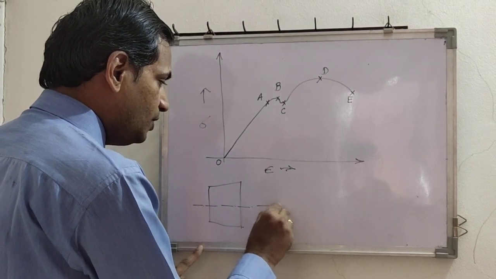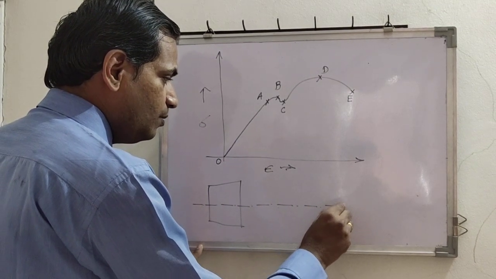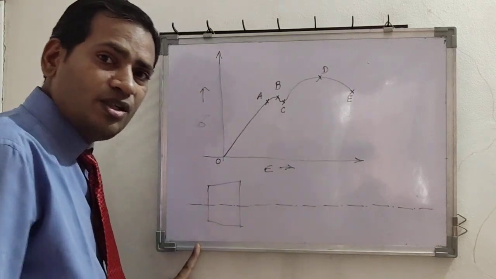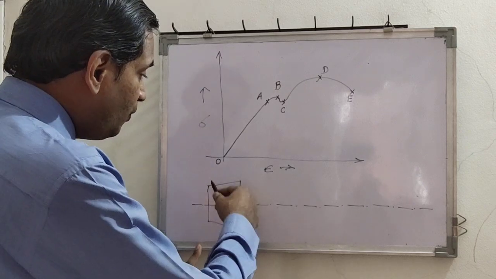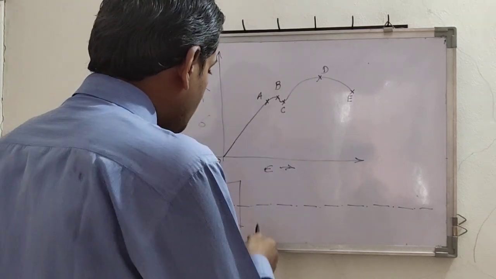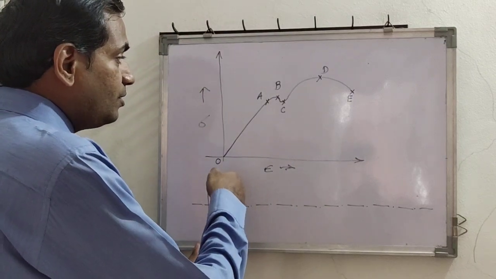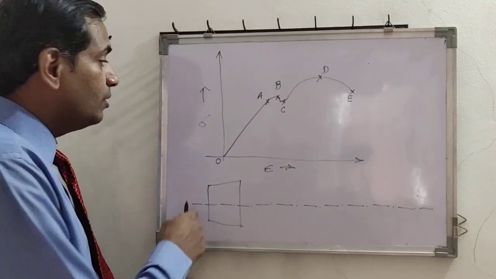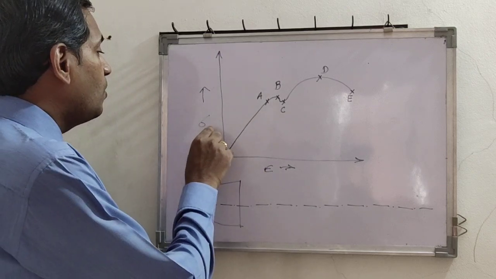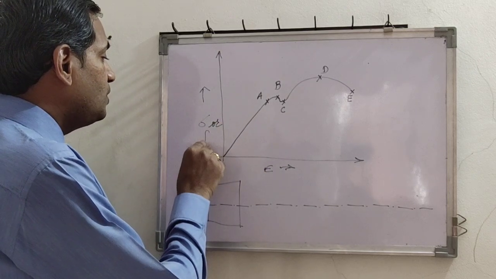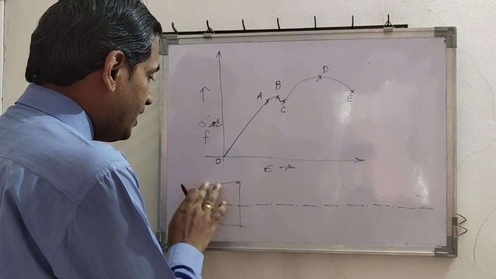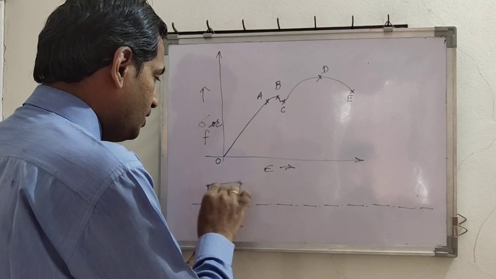It means part of this beam which is below neutral axis is in compression, and the part which is above neutral axis is in tension. Now as the material is subjected to loading, there will be some stresses. Okay, sigma or F we shall say. So if you draw stress strain diagram for this, you will get something like this.